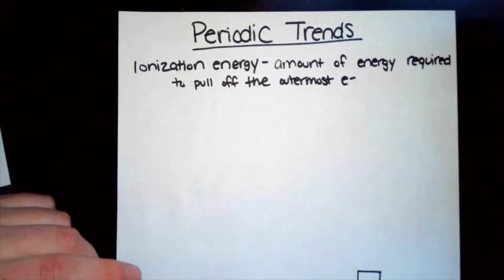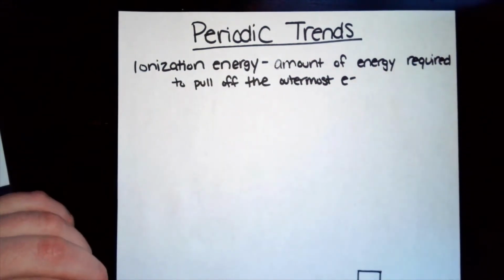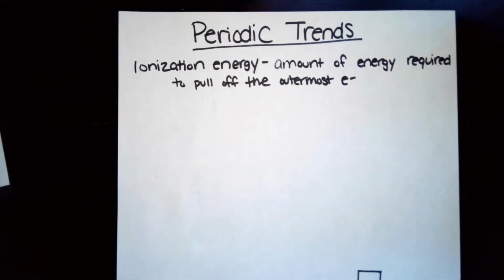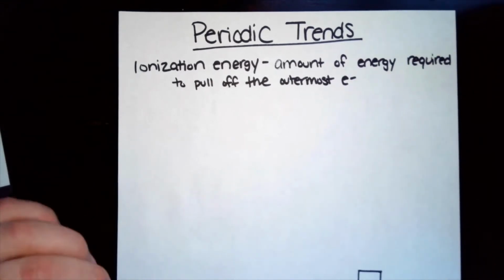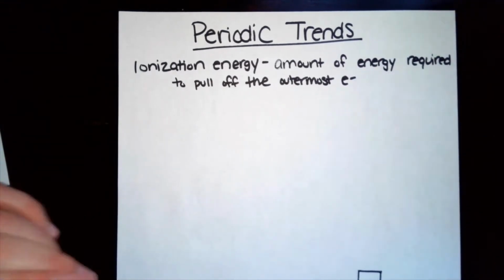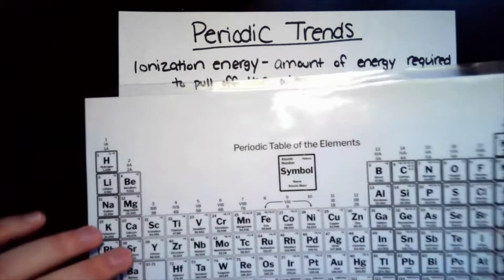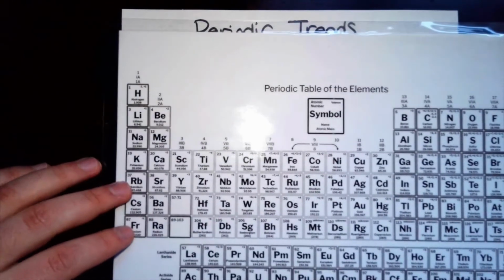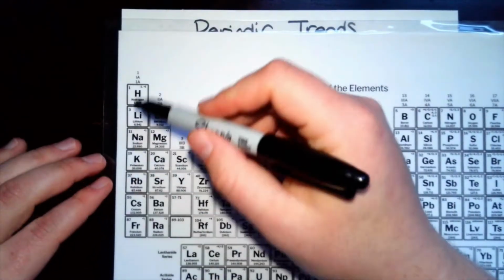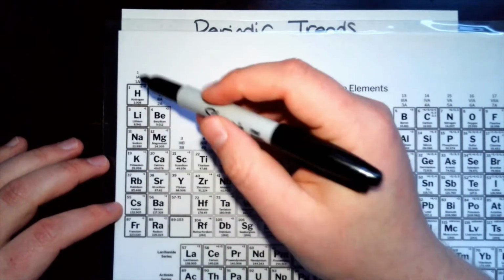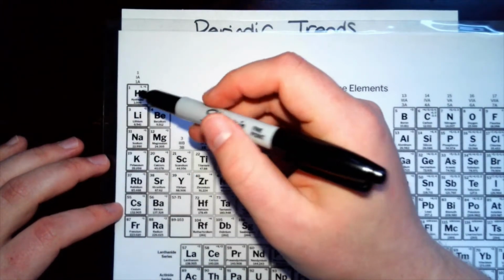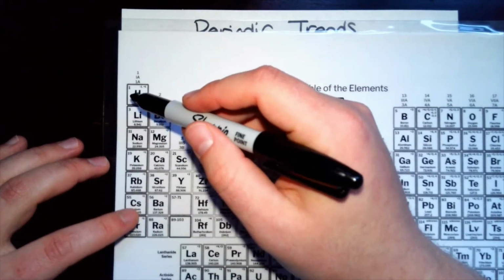So low ionization energies belong to elements that are more easily able to lose their outermost electron. So what are the elements that like to form positive ions? Well, we know group 1 always form positive ions, so they can very easily lose their outermost electron. So they have a very low ionization energy.